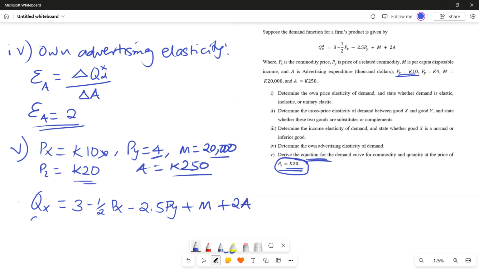So qx is going to be equal to 3 minus half.